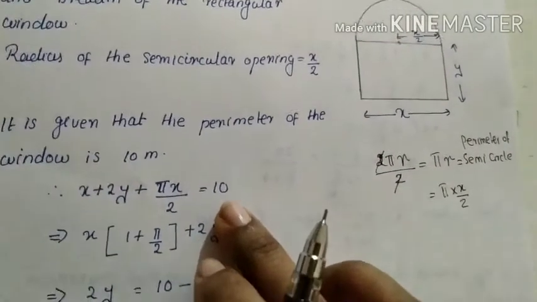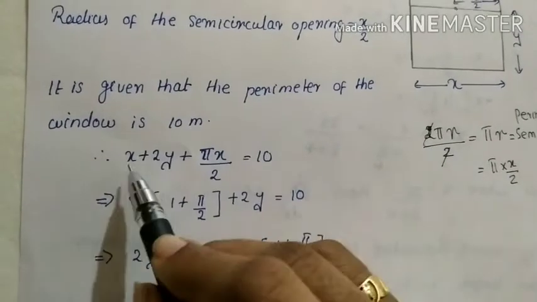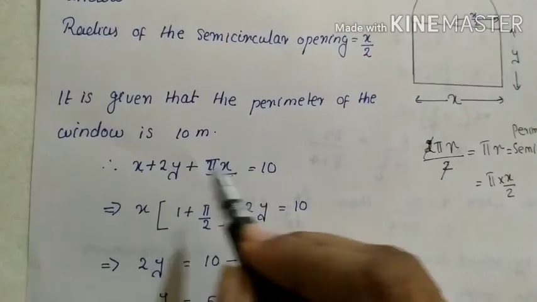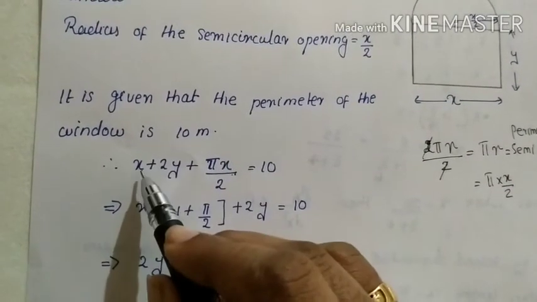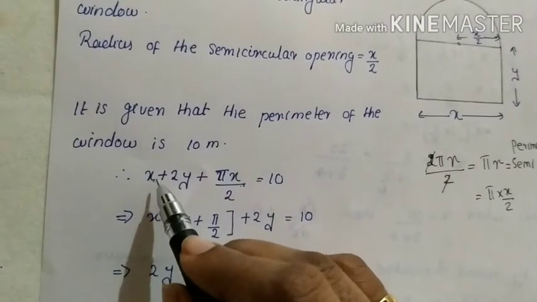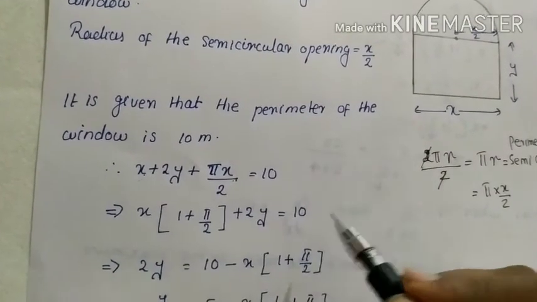If you observe this perimeter term here, in these two terms x is common, so taking x from these two terms, we get x into 1 plus pi by 2, plus 2y equal to 10.